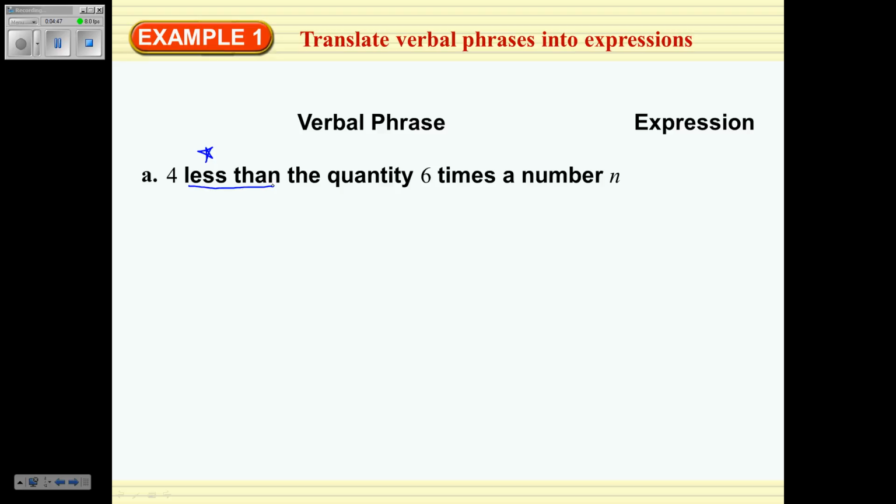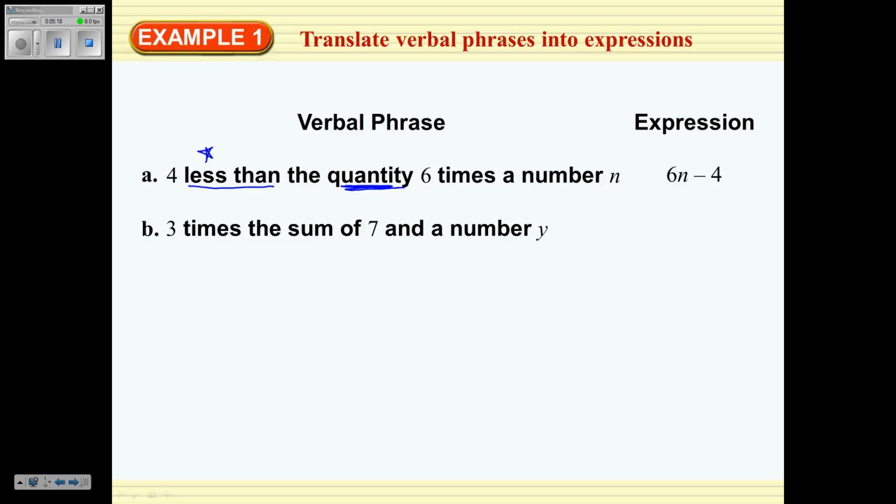For less than the quantity, there's another keyword, 6 times the number n, okay? So the first thing we need to do is we realize we have a quantity. So think of order of operations, and the quantity, 6 times the number n, has to be grouped together, and then you subtract 4 from that quantity. Okay? All right, letter B.